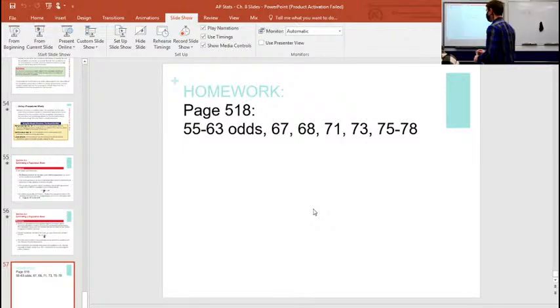Before I turn you loose to work, I want to give a quick outline. I did something similar to this in Chapter 7, and I'm going to do it again in Chapter 8.